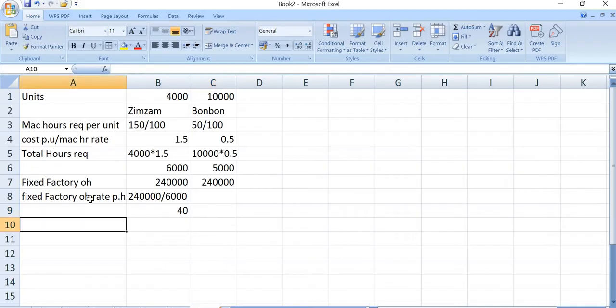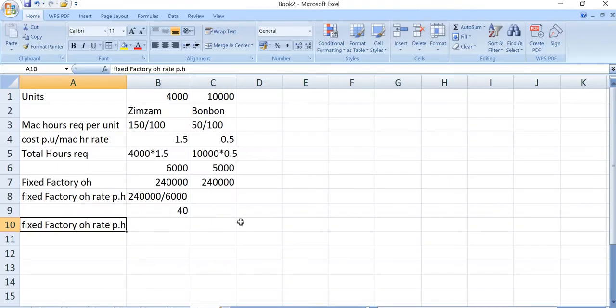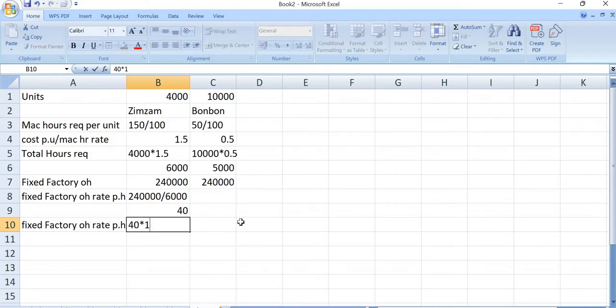Because in this problem they have mentioned per unit only, I want to calculate per unit, so then only I can calculate variable overheads. So 40 into how many hours is required to produce 1 unit? 1.5. That means 40 into 1.5, 60 rupees. So fixed factory overhead for Zimzam is 60 rupees. First I calculate per hour, then convert to unit.